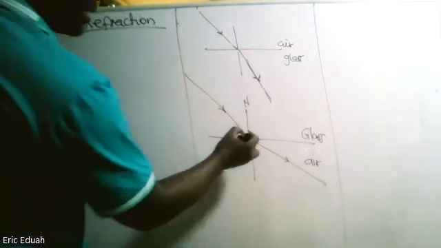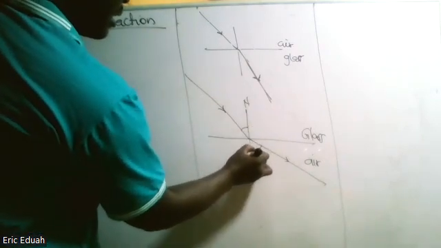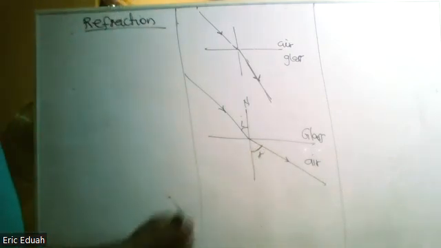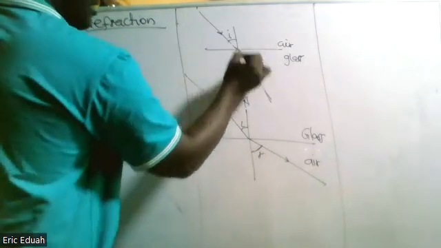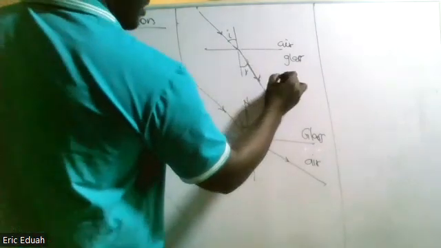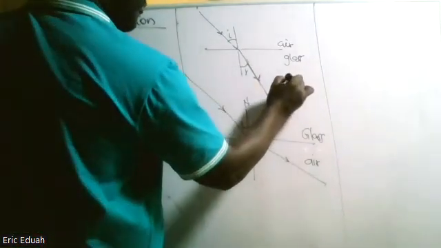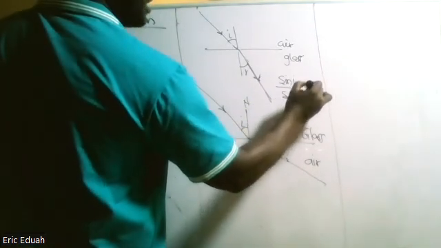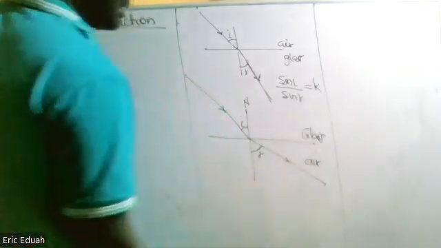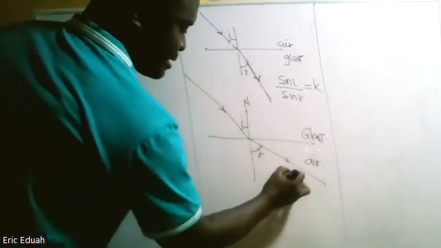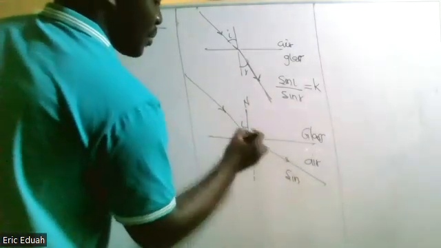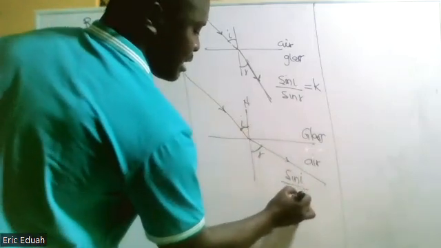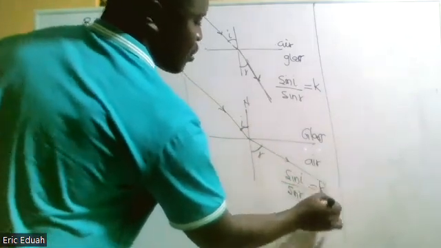All that Snell is saying is that in both cases, when you take the ratio of the sine of the angle of incidence to the sine of the angle of refraction, it is equal to a constant. When you come here, sine I over sine R is equal to a constant.